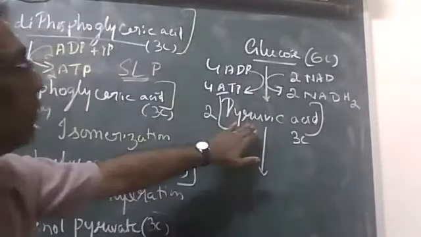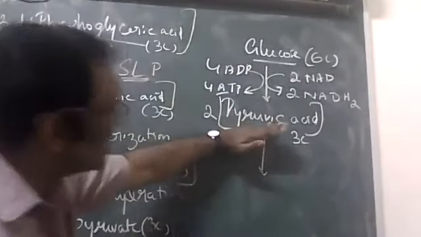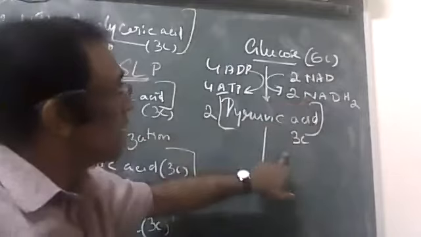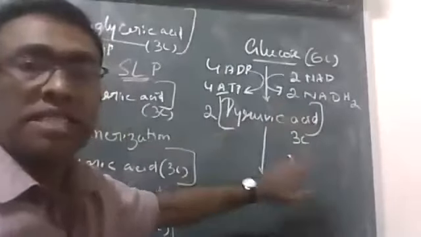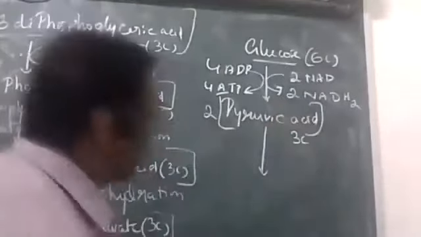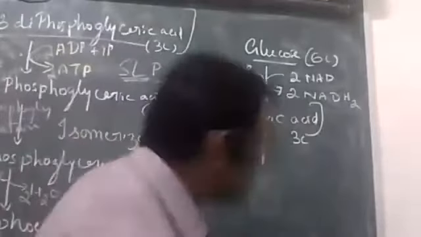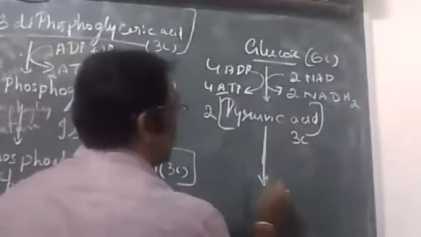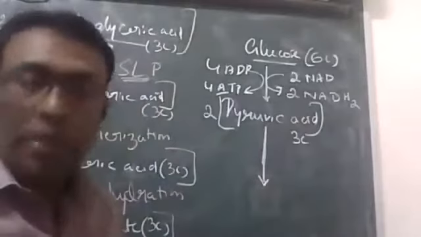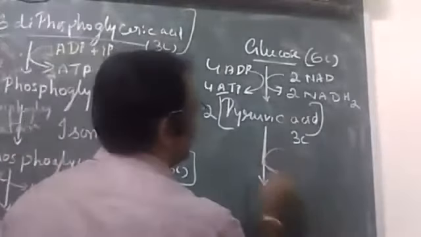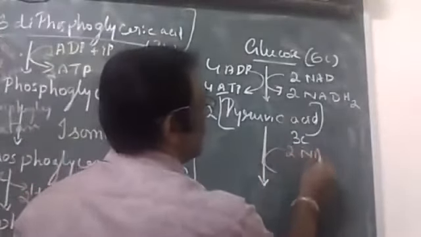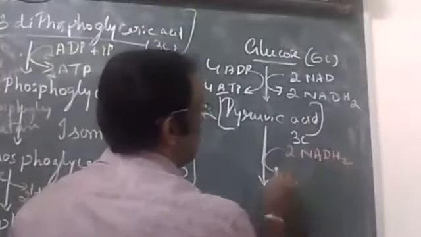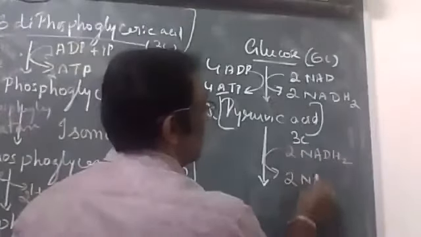Okay, now understand. Pyruvic acid uses NADH2. See here, this is easy to understand. Whatever I wrote there at the start is easy to understand. Pyruvic acid uses 2 molecules of NADH2 and it becomes 2 NAD.